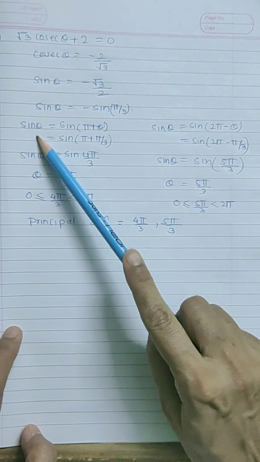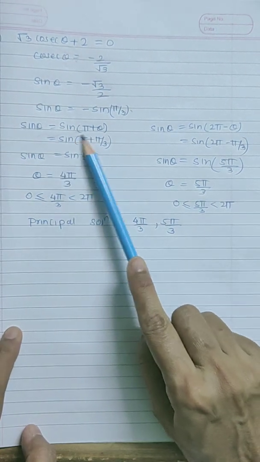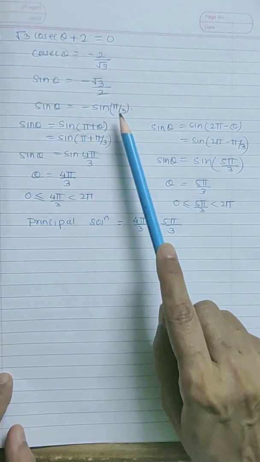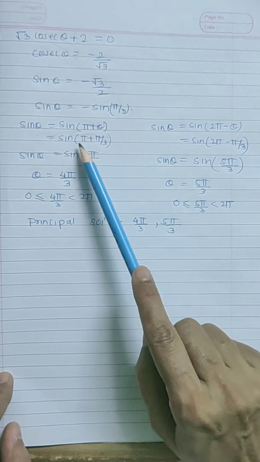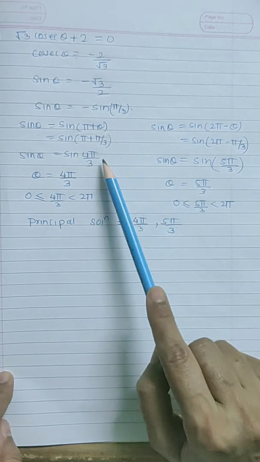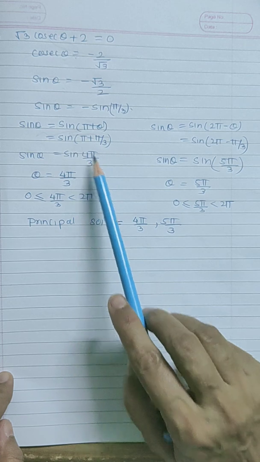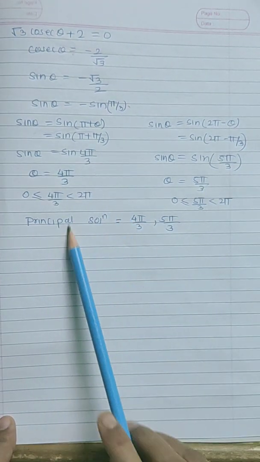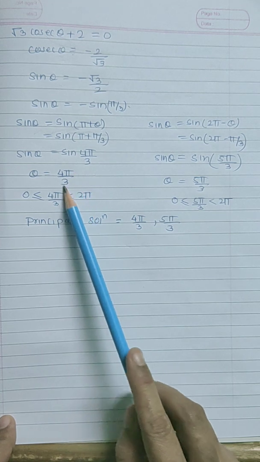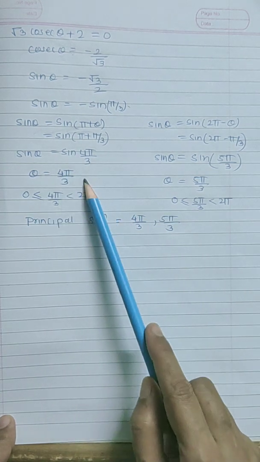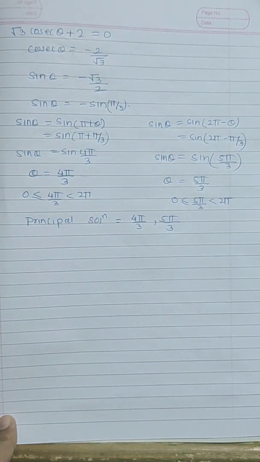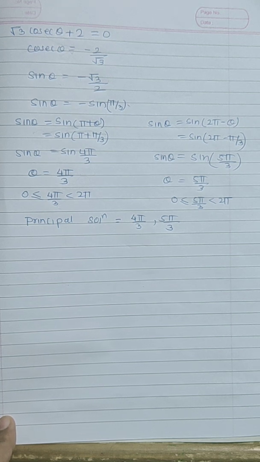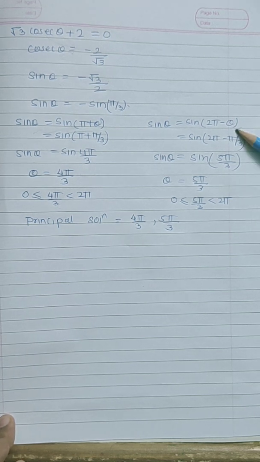So sin theta is equal to sin of pi plus theta. What is our theta? Pi by 3. So sin of pi plus pi by 3, do cross multiplication, sin theta is equal to sin 4 pi by 3, and theta is equal to 4 pi upon 3, which lies between 0 and 2 pi. So this is our first principal solution. And then what you have to take?